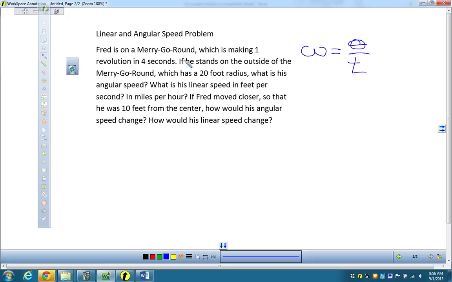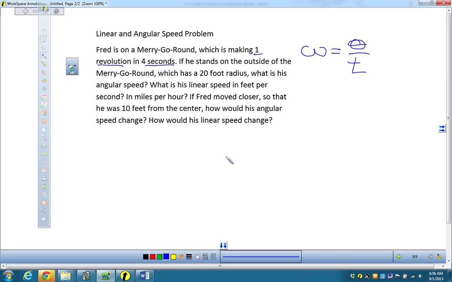If he stands on the outside of the merry-go-round with a 20-foot radius, what is his angular speed? Well, if he's going around 1 revolution in 4 seconds, how many radians is 1 revolution? 2 pi radians, right?